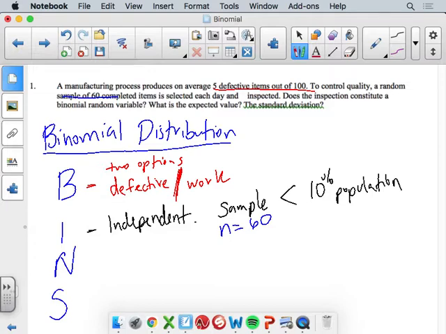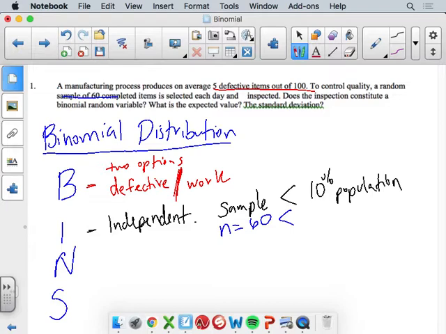And so sometimes you have to be generous in your thinking of what was happening here. So do we think that 60 is less than all the items that they produced at this manufacturing place for the day? Unless it's like a car company, let's say it's a toy or a small little part, they probably made more than 600 items that day.